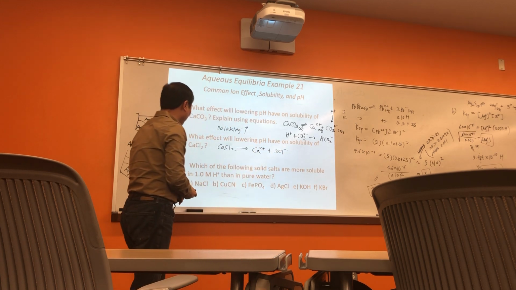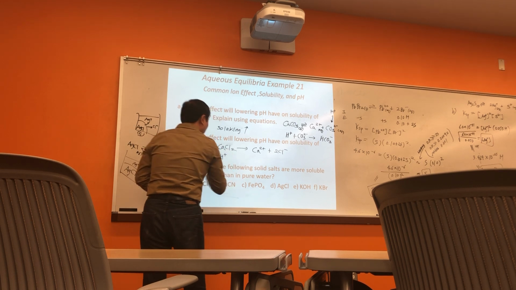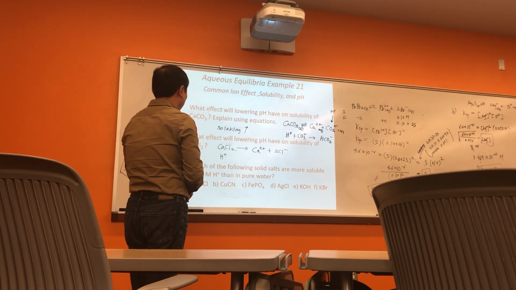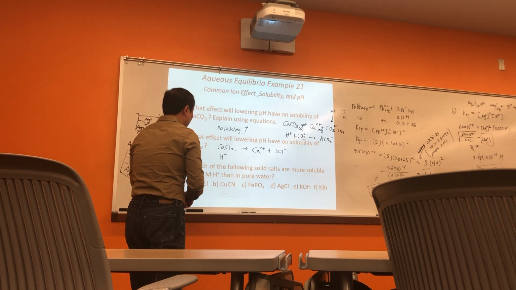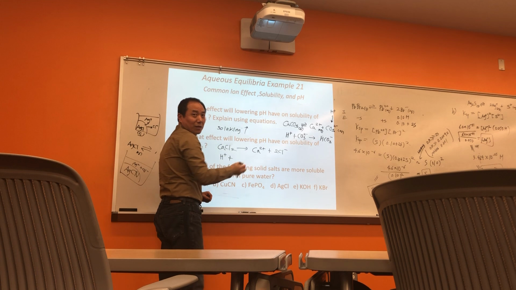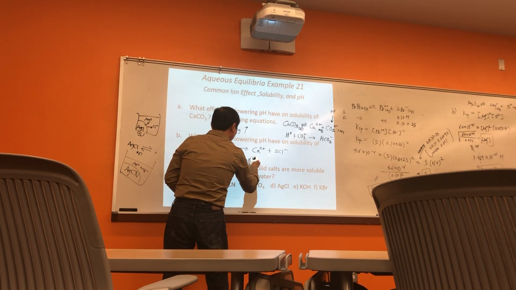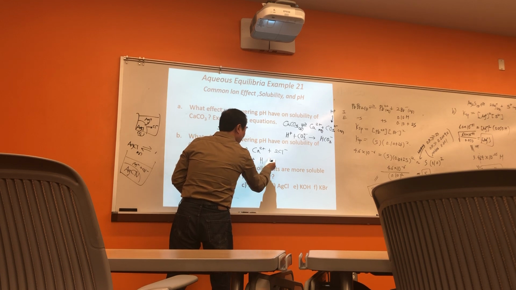Okay. Now we're gonna add acid. Then now we have to decide, the acid reacted with what? Cl minus and turn into HCl.